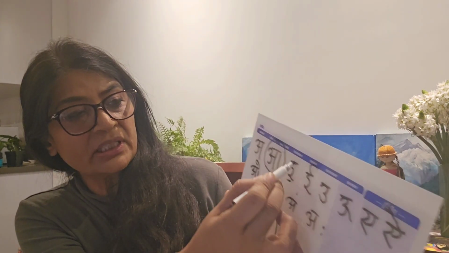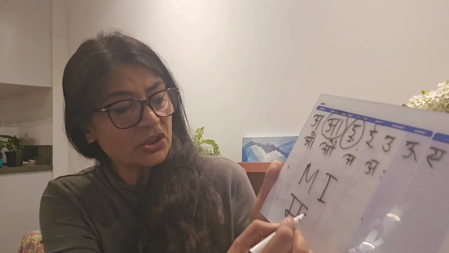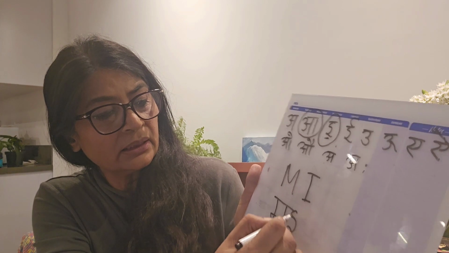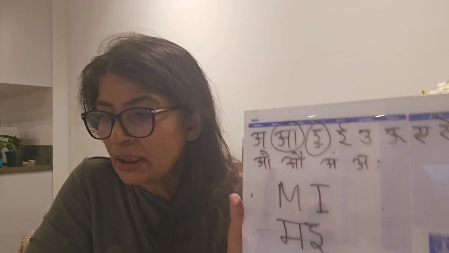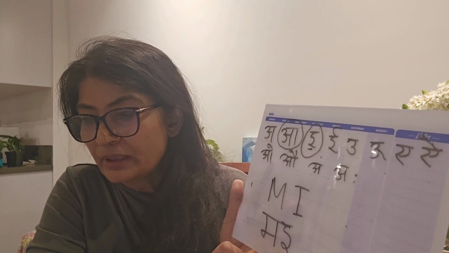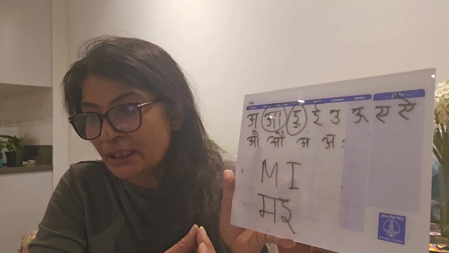Similarly, my M is this. What do I do to make it me? So I have E here. If I write M and E, do I get me? No, I do not get me. What I get is M-E. But I don't want to say M-E. I want to say me.